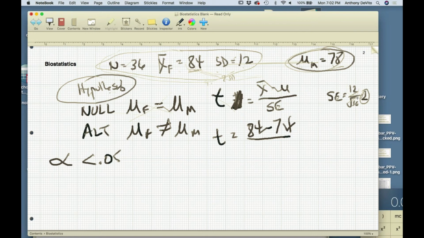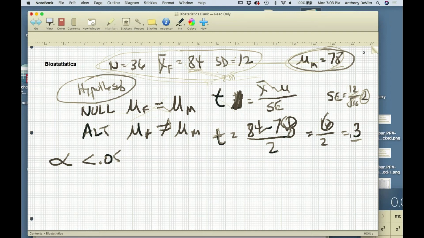Oh, excuse me, it is 2. That's 6 over 2, which is equal to 3. So I am 3 t-scores apart with these two means.